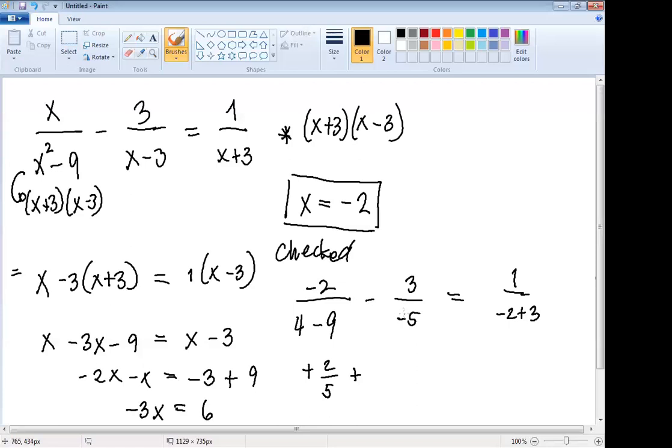So we have 3 over 5 equal to 1 divided by negative 2 plus 3, so that is equal to 1. So 2 plus 3 equals 5. Therefore, 5 over 5 is also equal to 1.